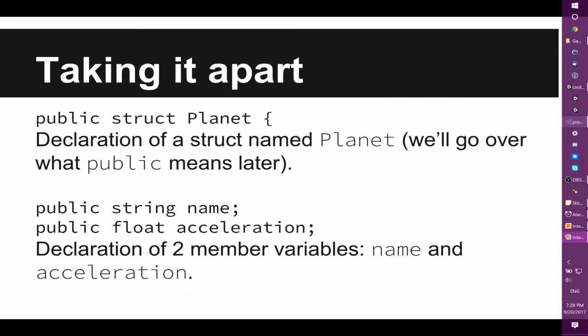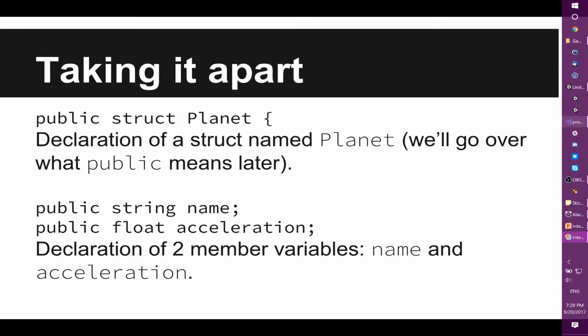So let's quickly take apart what the heck just happened. Again, the first line, public struct planet, is there to indicate that we are declaring a new type of variable named planet. I'll talk about what public means because that's something new that we have never talked about during basics programming. But for now, I'm just going to ask you to wing it and skim over what public means.